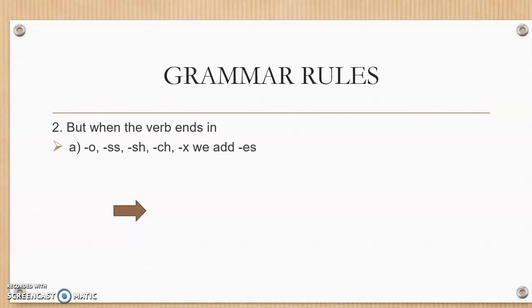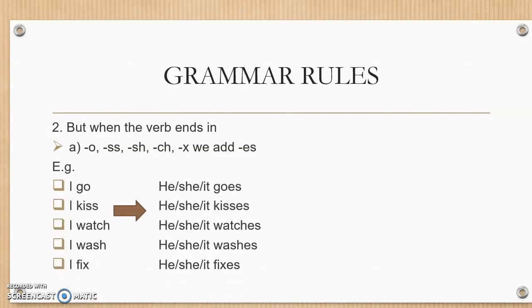But when the verb ends in o, double s, and so on, in this case we have to put es. I go, I kiss, I watch, I fix.